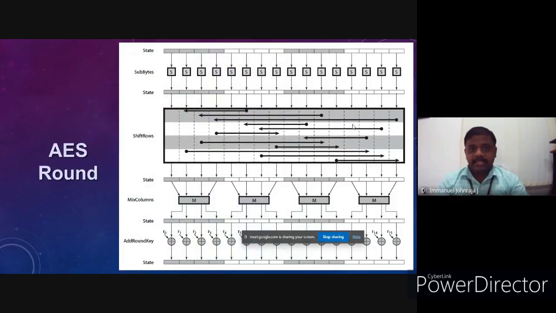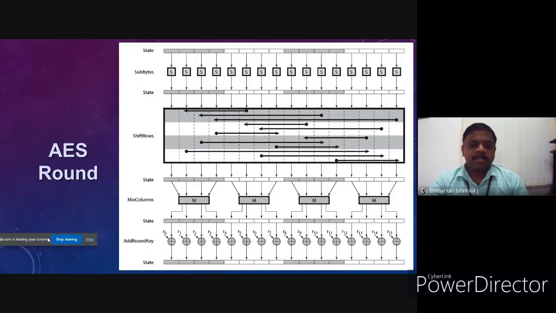So this is the whole AES round in a representation way. Don't be worried by looking at the diagram. Why is it very complicated? It's not that complicated. You got the initial state, substitute byte, you got the state again, shift rows are shifted here, there, and then you got the state, then you got the mixed column operation, you got the state, and the round key is added with the XOR operation, you got the state.